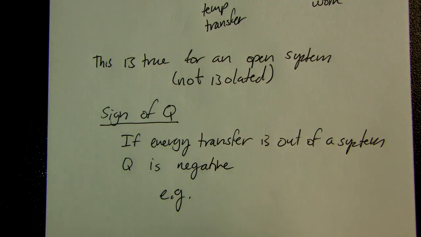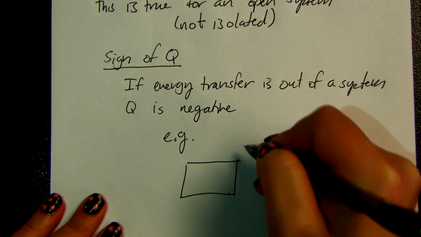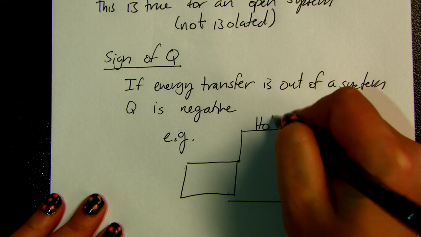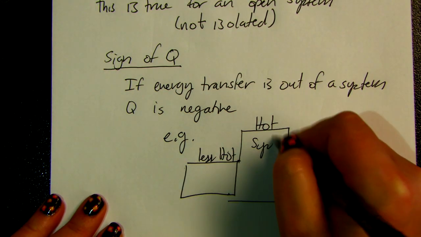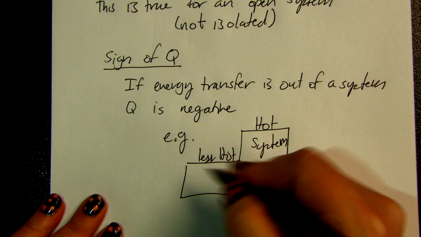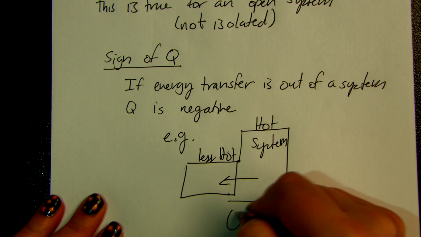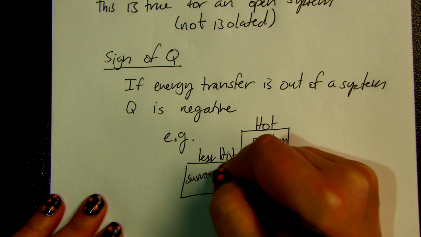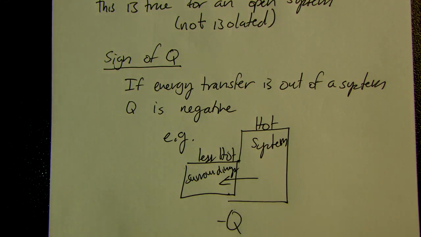For example, so hot, less hot. This is our system. And the energy transfer is going out of the system. That is a minus Q, and that would of course mean this is the surroundings. All right, so once again, we're seeing system choice matters.